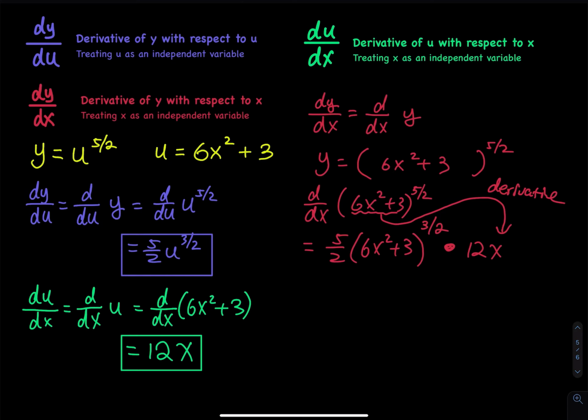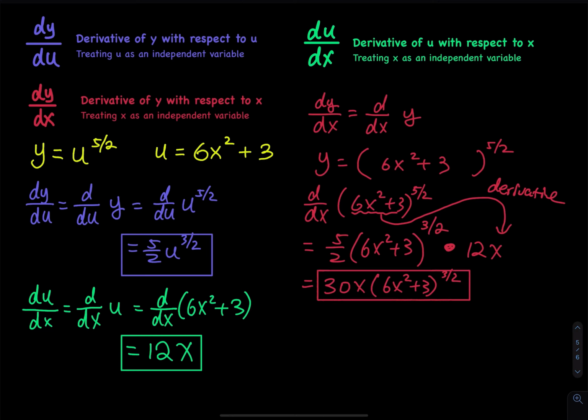So you have 5/2 times 12x. What is that equal to? The 2 and the 12 become a 6, and 6 times 5 is 30. So you have 30x times 6x squared plus 3 raised to 3/2. And this is your final answer, right?